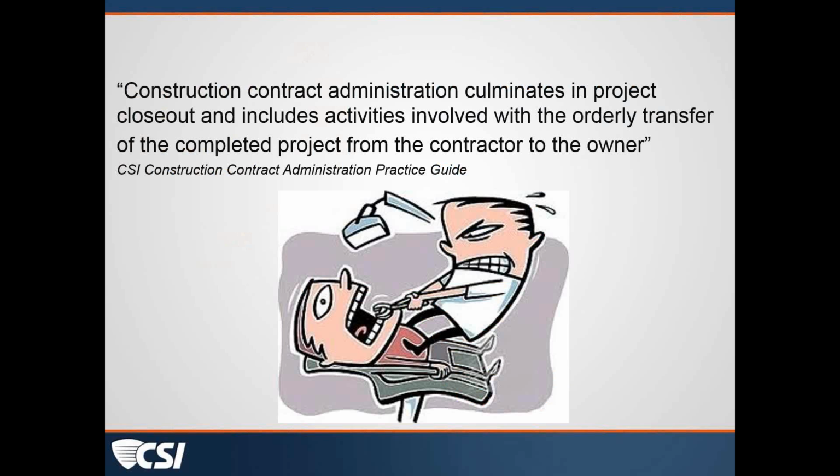According to the practice guide, construction contract administration culminates at this point in project closeout, and it involves activities that create an orderly transfer of the project from the contractor to the owner.